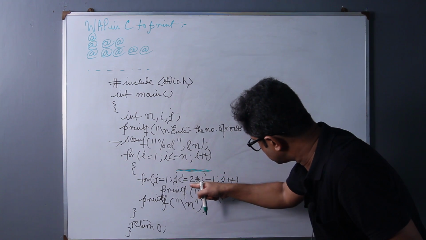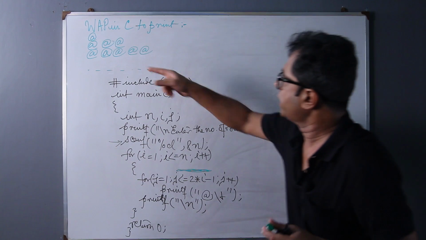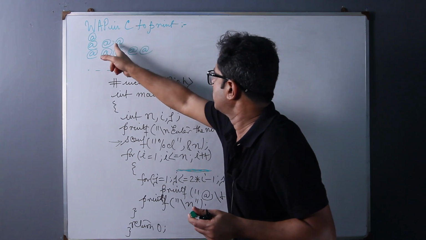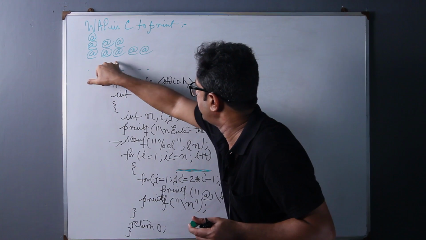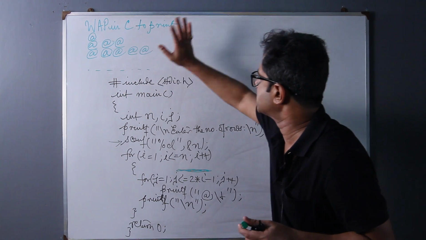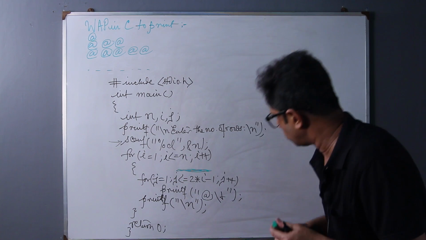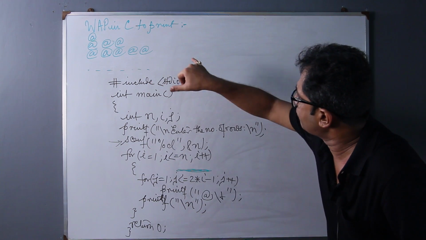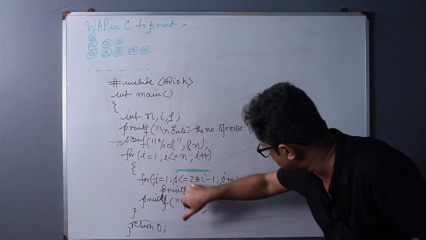This section will take care of the situation to print 1 @ in the first line, 3 @ or 3 stars or whatever may be in the second line, 5 @ or 5 stars or 5 question marks, exclamation marks, hash marks, everything in the third line, and so on. So this 1 3 5 7 pattern is going to be taken care of by this formula.